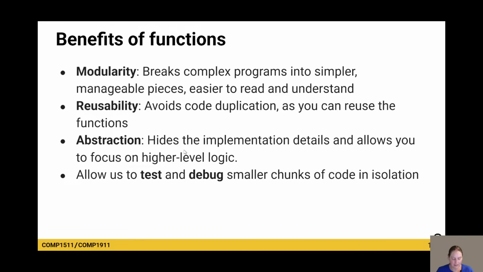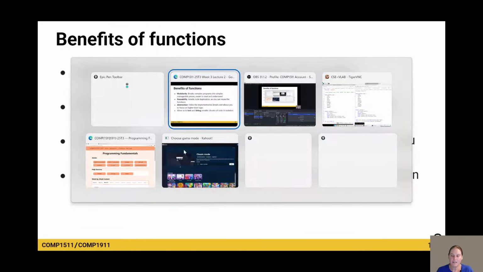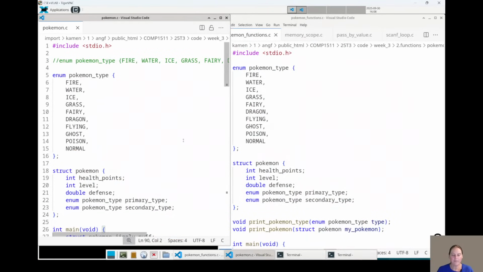I went through this example yesterday. I'm going to go to the code. Don't worry about every single detail of this code, but I want to show you the benefits of functions through this example.